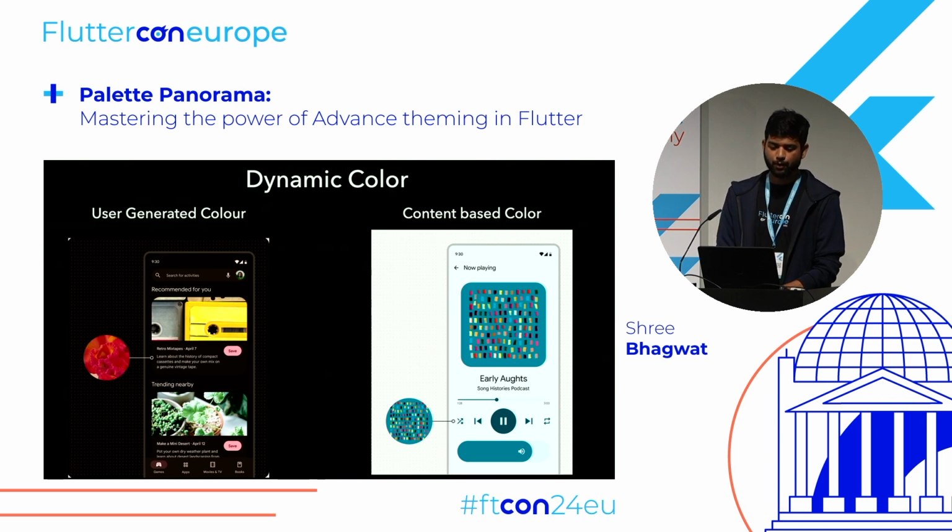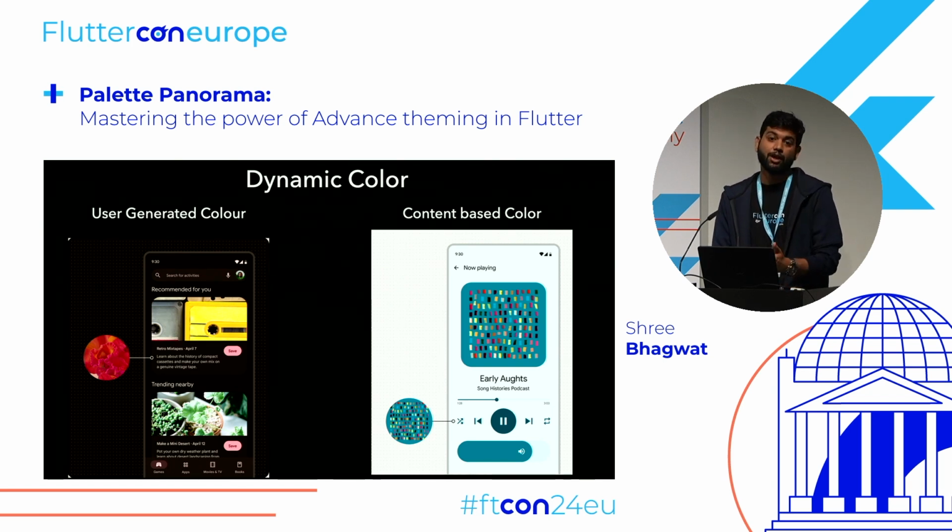Okay, this is one. And content based color means when you're using the application, whatever content is present on that screen, the application's app bar, or let's say the floating action buttons, will take color according to that. So these two are dynamic colors.